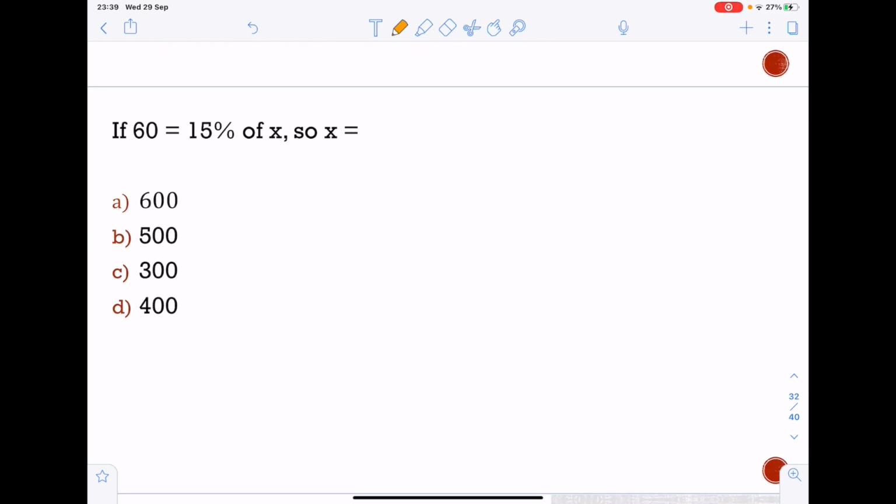Okay, another question. If 60 equals 15% of x, so x equals what? Okay, so 60 equals 15%, so 15 over 100 of x. So we can directly solve this one.